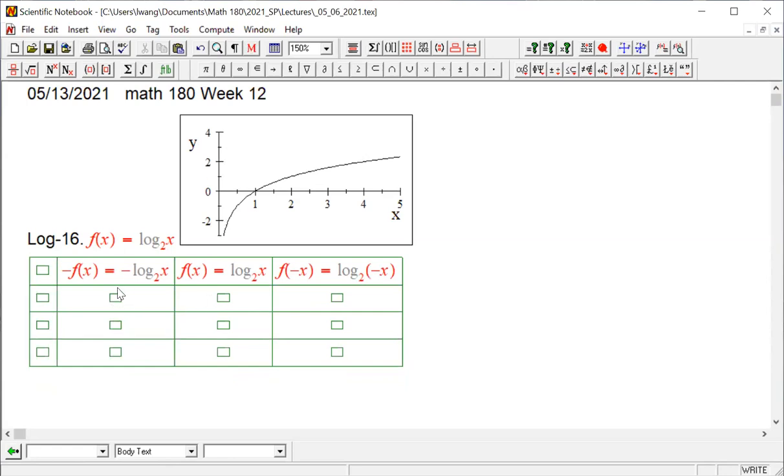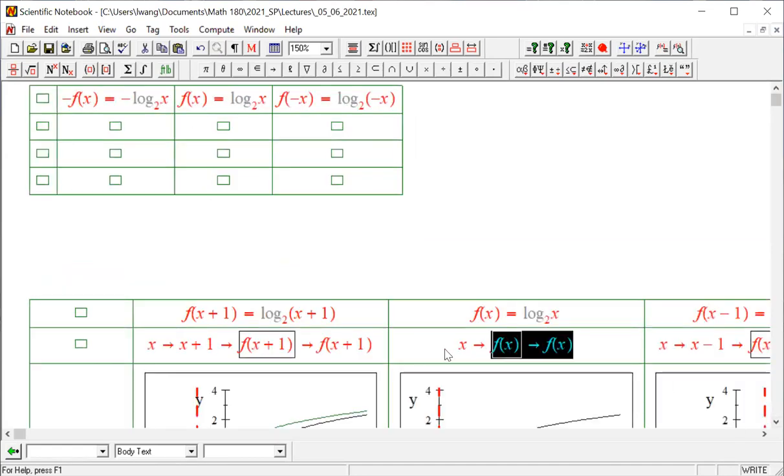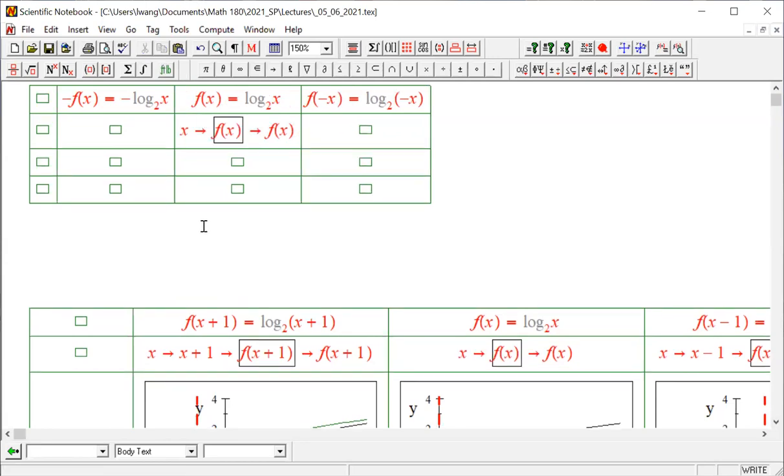So the mechanism of this one goes like this. Let me just take a shortcut. This guy, that's what we know.